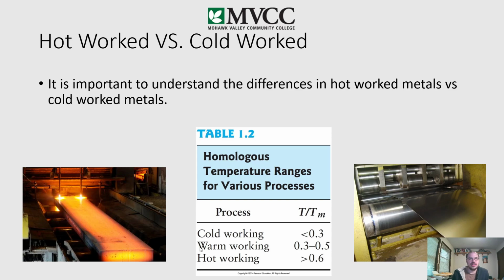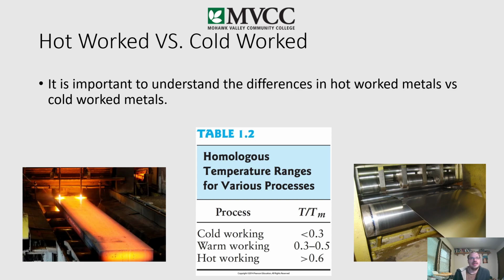In this case, our cold working is under 0.3, so essentially under 30% of the temperature reached toward that melting point. Warm working is between 0.3 and 0.5, so 30 and 50% or so, again with the melting point being 100%. Then hot working, anything that's greater than 0.6 is considered to be hot working.